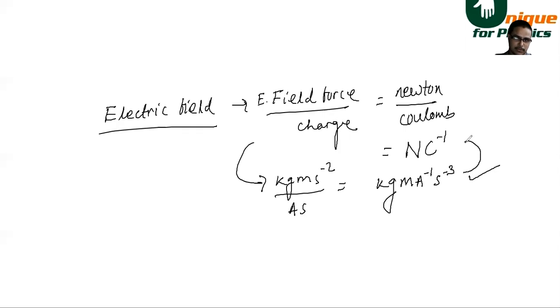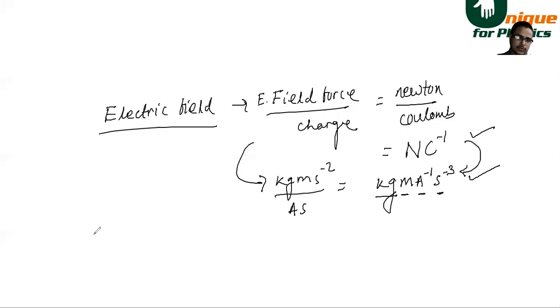But this is the easy way of writing the unit, so unnecessarily do not make it complicated like kg meter ampere inverse s minus 3. You can simply write Newton per coulomb. But if you want to see how electric field is a combination of more than one fundamental or base quantity, you can see from this: kg for mass, meter for length, ampere for current, and time. So 1, 2, 3, 4, four base quantities are needed to write what is electric field.